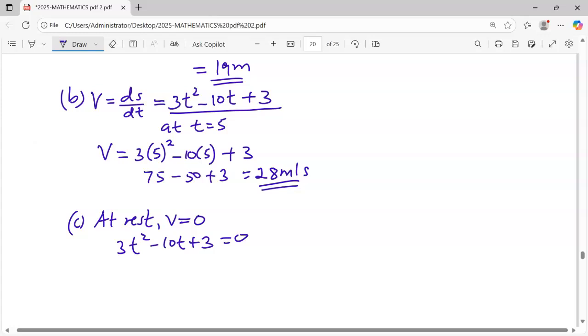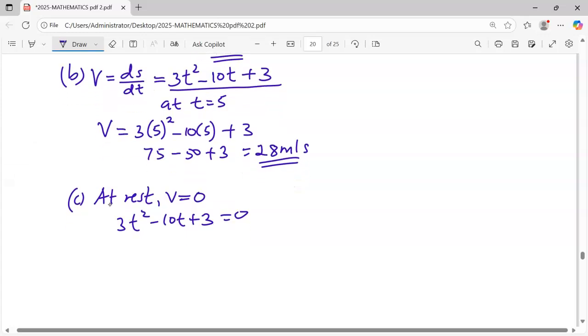Remember, this is a quadratic equation. We are going to solve it using the product-sum factor method, where the product will be the first coefficient times the last one. That is 3 times 3 will give us 9, and the sum is equal to the middle term, which is minus 10. So in this case, the two factors will be minus 9 and minus 1, such that negative 9 times negative 1 will give us positive 9, and negative 9 plus negative 1 will give us minus 10.